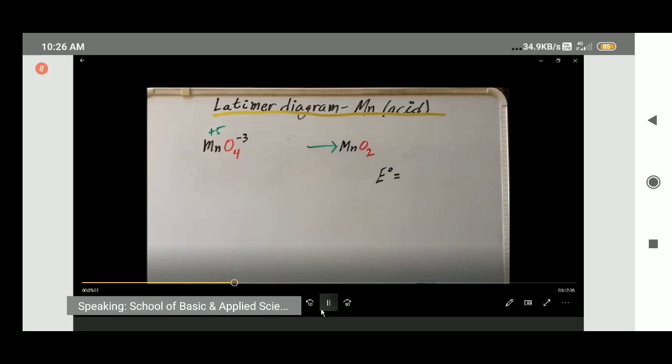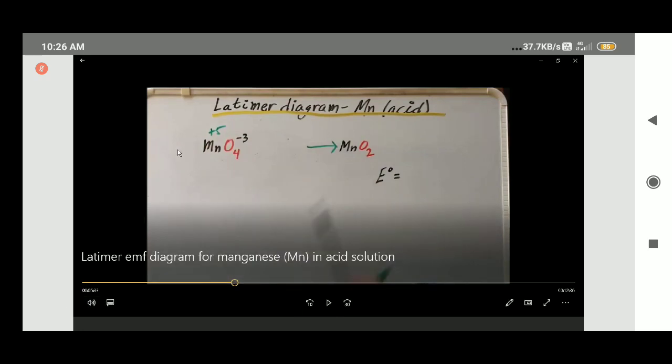In manganese dioxide, I hope you all remember how to calculate the oxidation state in this particular system. Here MnO4 3- is the species for which we want to calculate the oxidation state of Mn. Each oxygen contributes -2.